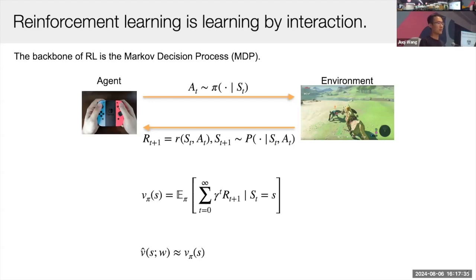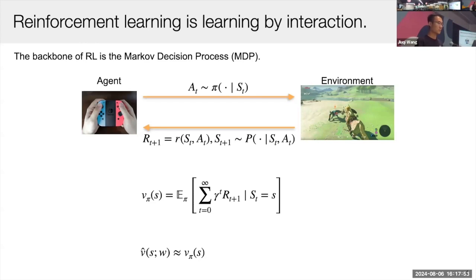The agent acts according to this policy, and the environment in turn will emit a scalar reward and also transition to the next state according to the dynamics.